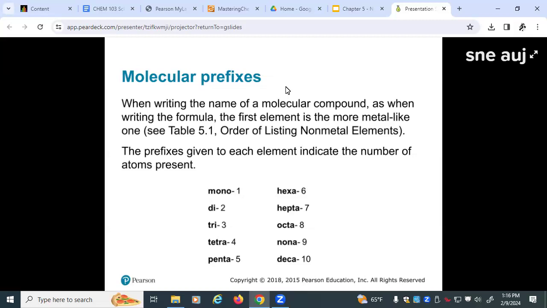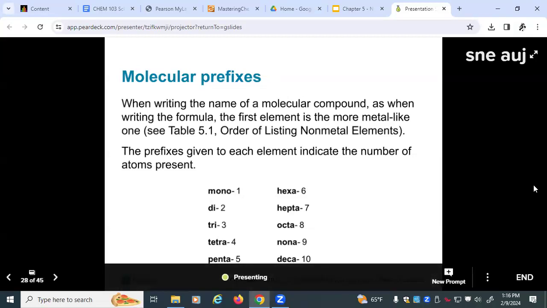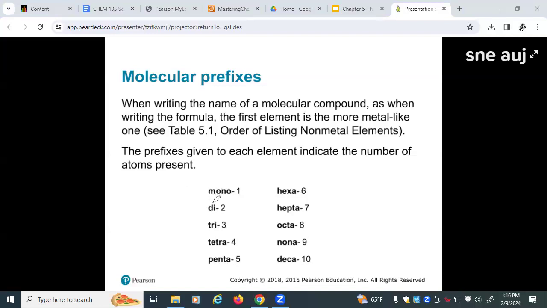The ones that are kind of unusual, let's say, are the ones that don't seem to follow a pattern that we're familiar with. So, for example, tetra.